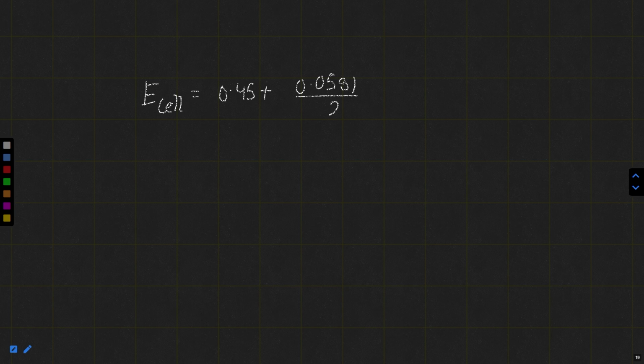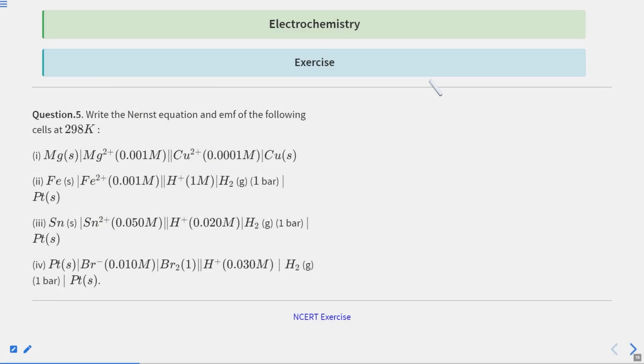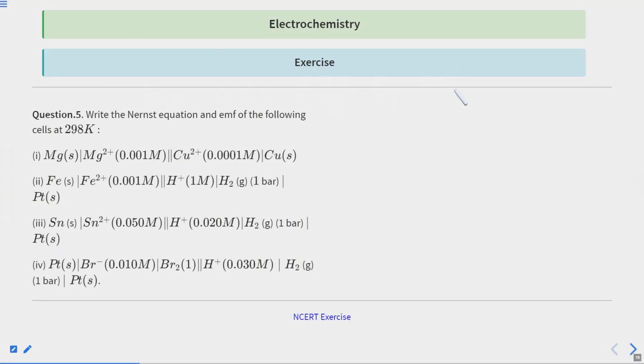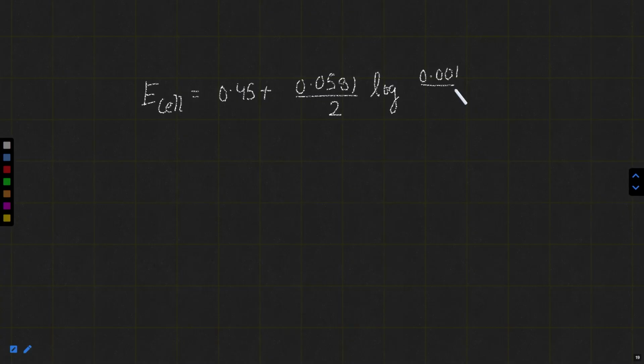NF is 2 electrons required, log of Fe2 plus concentration. We have seen the Q value as Fe2 plus concentration by the square of H plus concentration. Fe2 plus is given as 0.001, and on the denominator we have the H plus concentration as 1, so its square doesn't count anything.